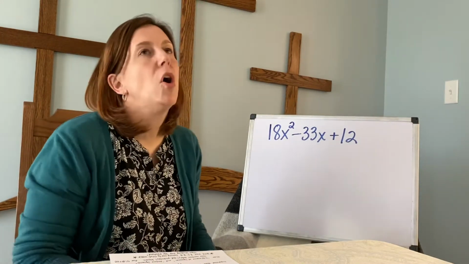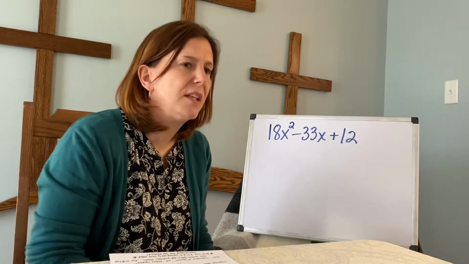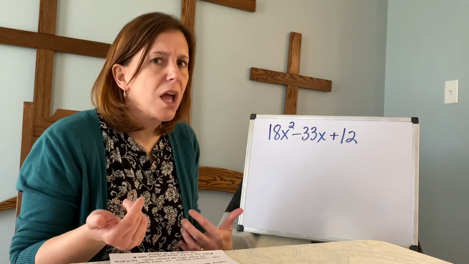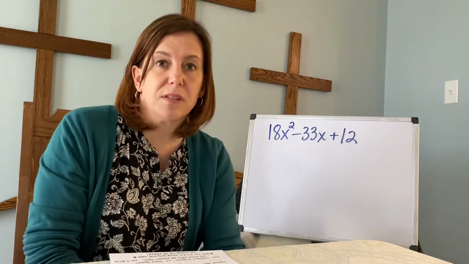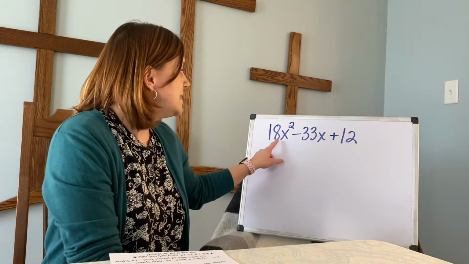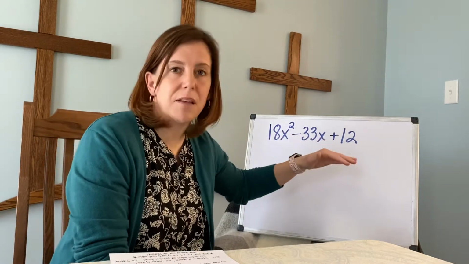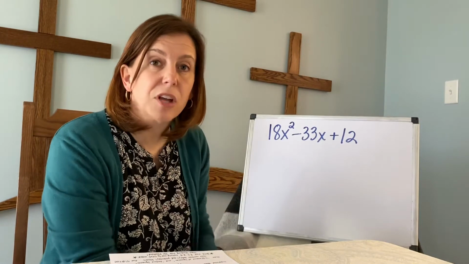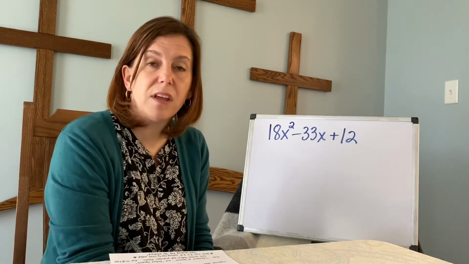So now we have all of these different skills and shortcuts that we've learned and different methods and different patterns to look for. So if I wanted to start factoring this, I would see that I'm in standard form, 18x squared, ax squared, bx plus c, which means I could actually go ahead and just make an x form and dive in.